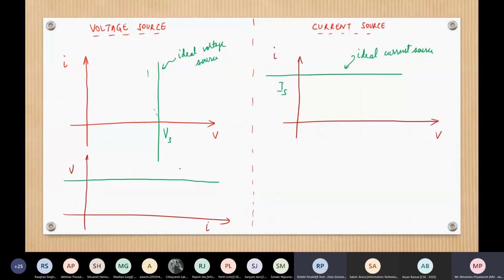So this is the ideal voltage source. Practically, it will have a slope: as current increases, the terminal voltage decreases. Similarly, here also it will decrease.